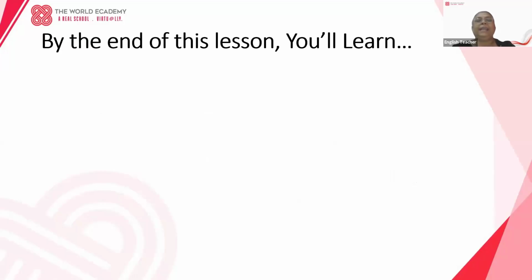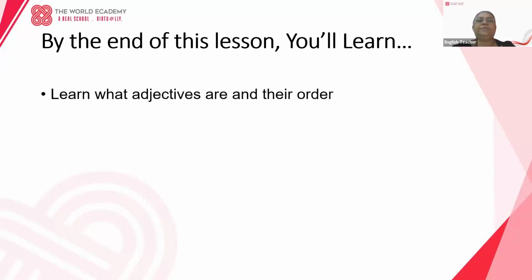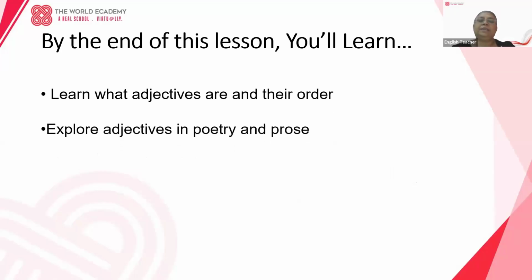So, students, by the end of this lesson of chapter 2 NIOS, how the squirrel got his stripes, and the grammar part, we are going to learn what adjectives are and their order, adjective order. We're also going to explore adjectives in poetry and prose.